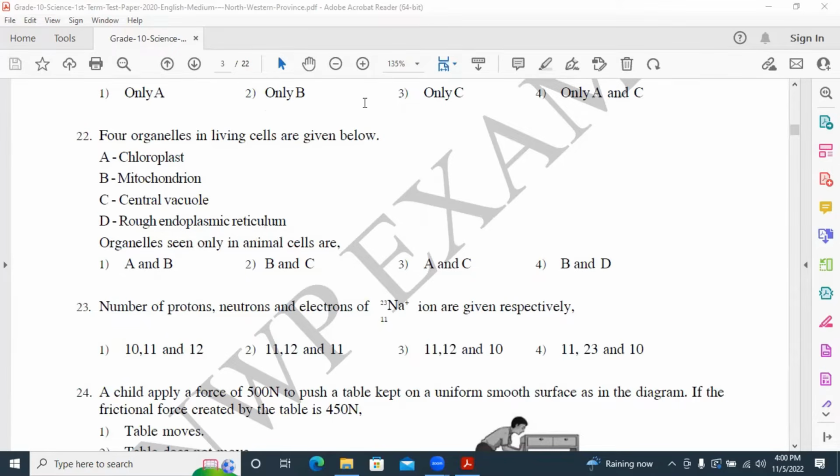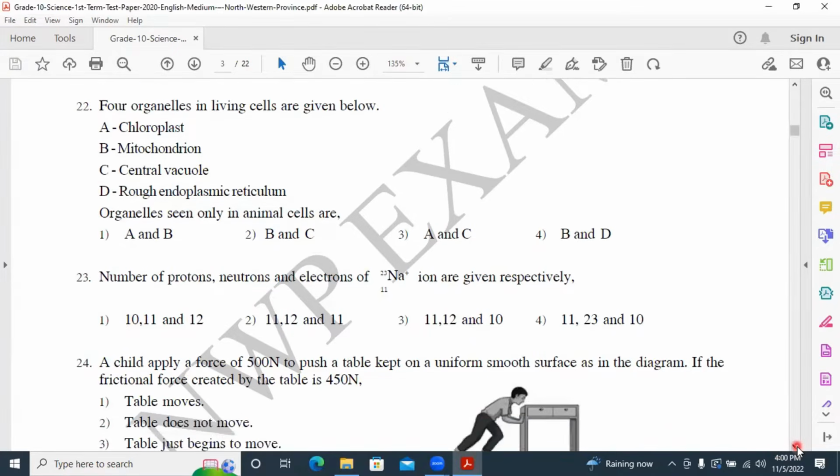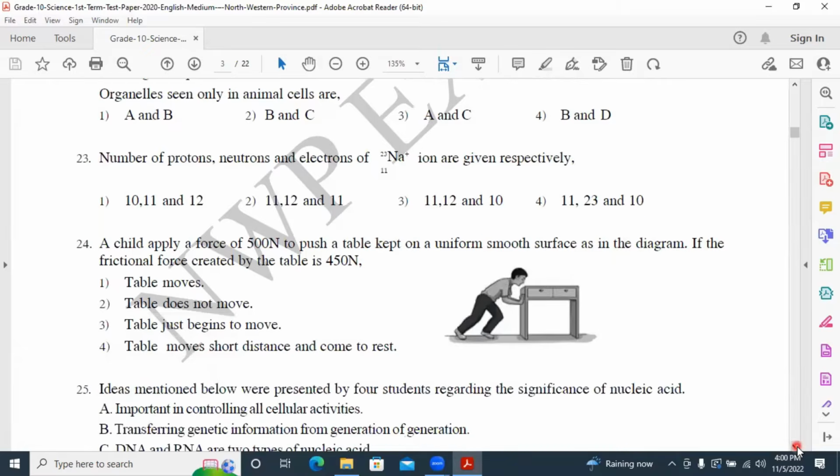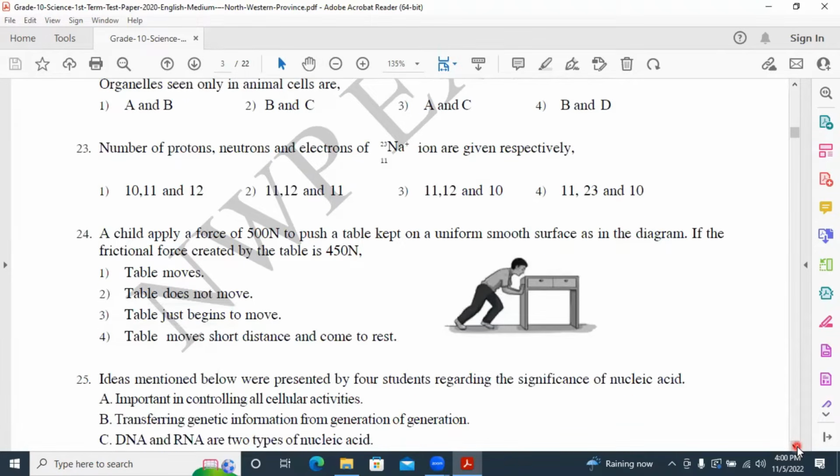23. Number of protons, neutrons and electrons of the Na plus ion are given respectively. Na plus means that the ion has been made by removing one electron from the outer energy level. So the proton number or atomic number shows the number of protons in this atom. Normally, in neutral atoms, the number of protons equals the number of electrons.